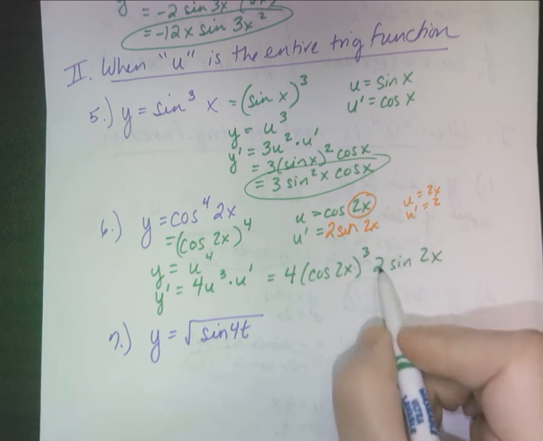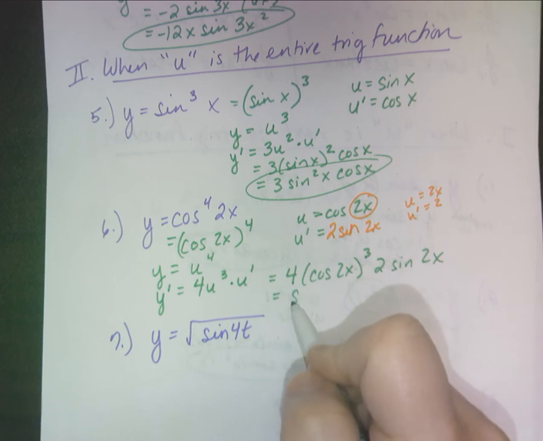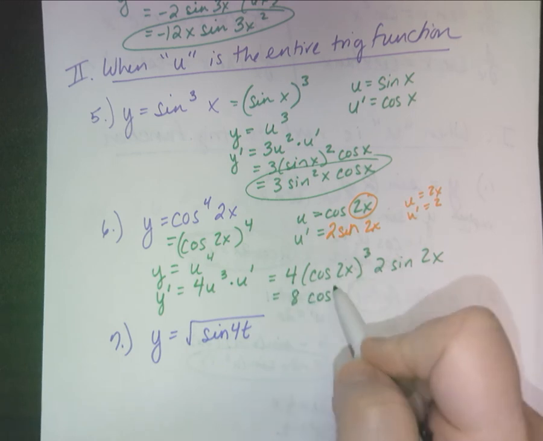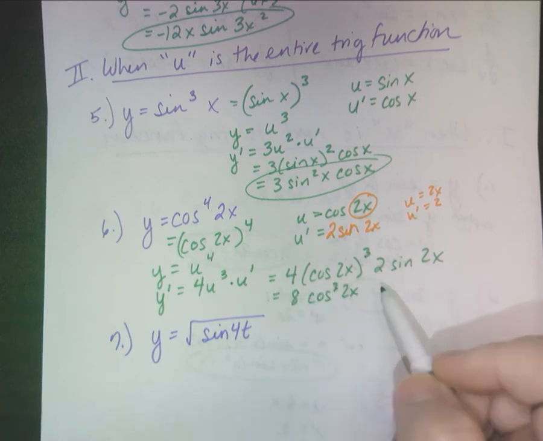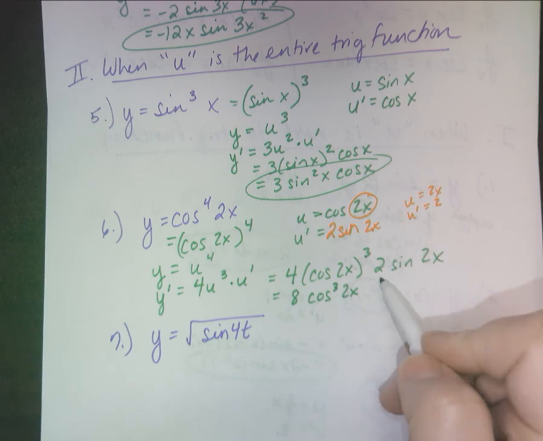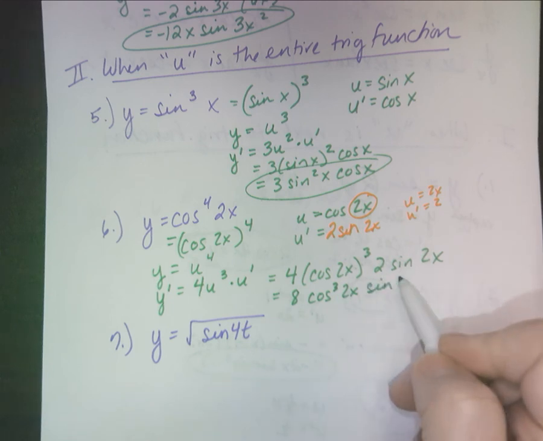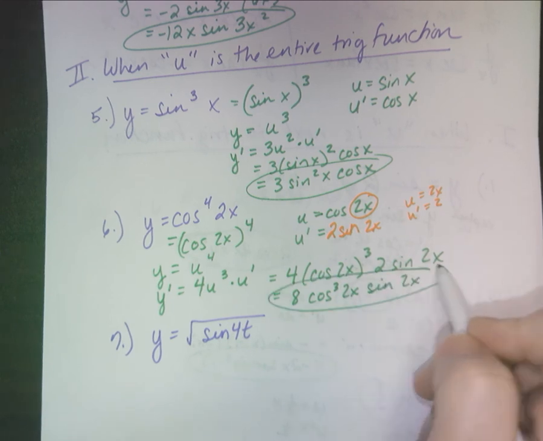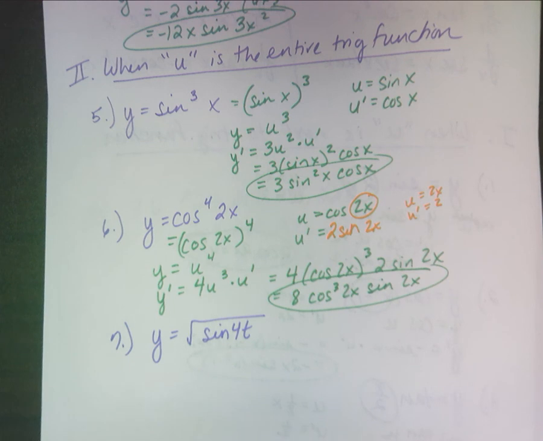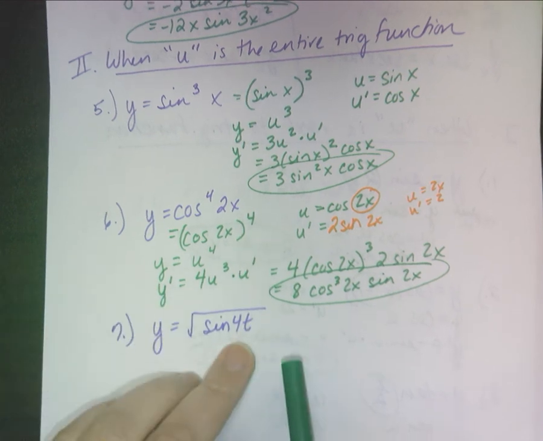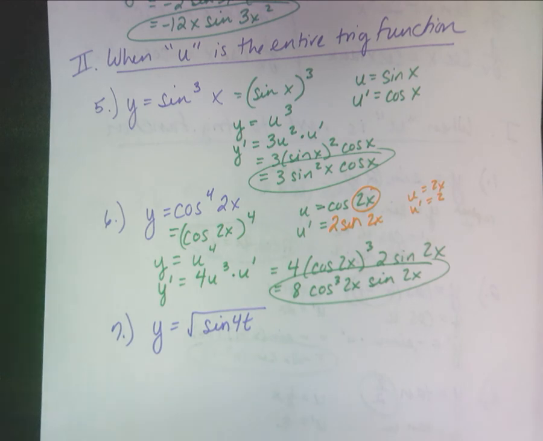Now, I would probably put that 2 with the 4. I can move that 3 next to the cosine. So cosine cube 2x and then sine 2x. Very hard. If you need to go over that question again, please do so, but that's it. Whenever you see a 2x, or we're going to do it here, 4t, we have a chain within a chain.